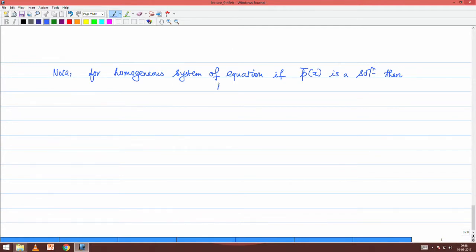So, I will put that remark: note, for a homogeneous system of equations, if P bar of x is a solution, then A times P bar of x, where A is any arbitrary constant, is also a solution.